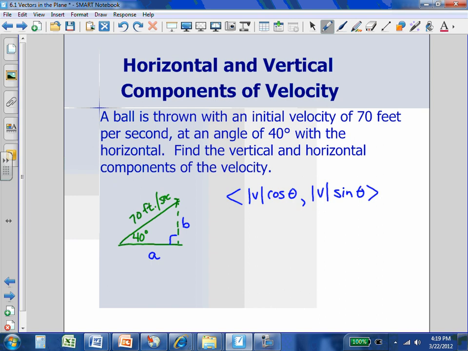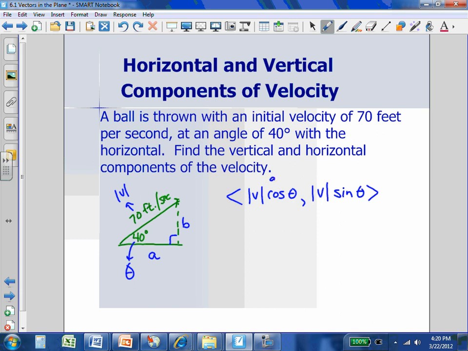And this is really handy because that's exactly what we have. This 70 is the magnitude of the vector, and our theta is 40 degrees. So we have everything that we need, we just need to plug it in.